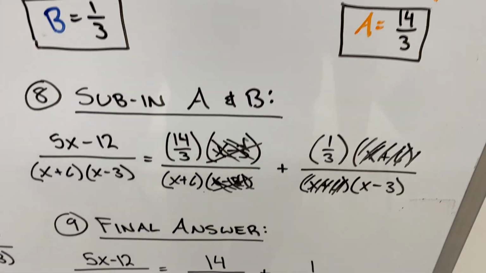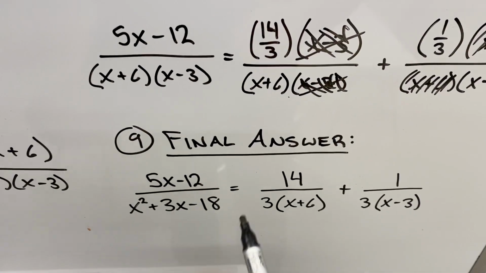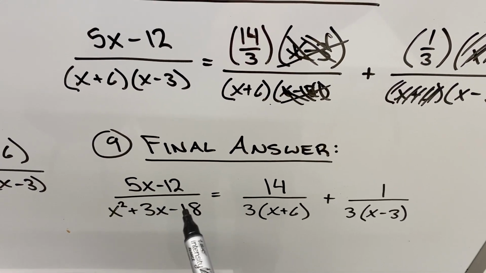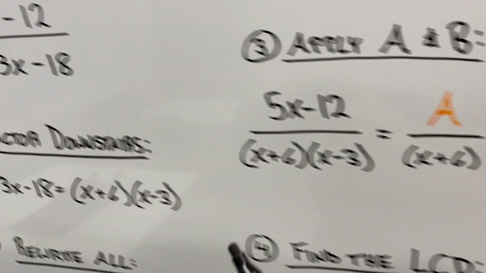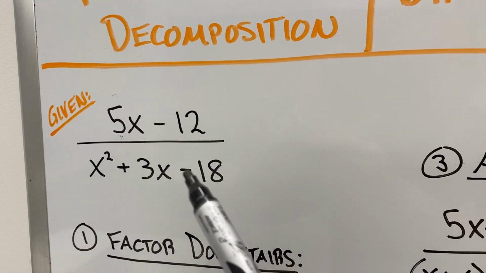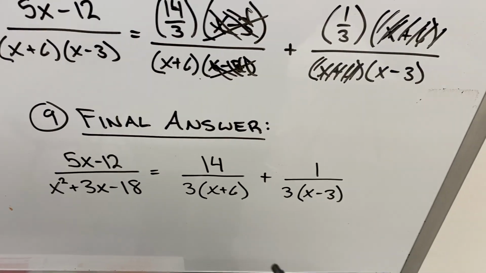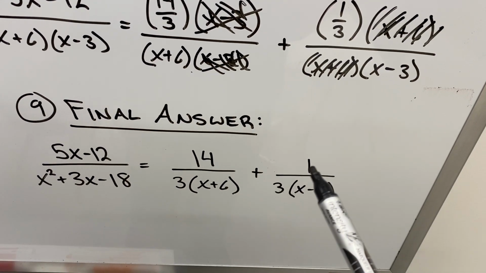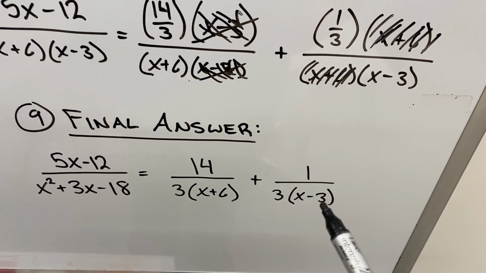Let's go ahead and write up our final answer. Final answer: 5x minus 12 divided by x squared plus 3x minus 18, which is the expression we were given, is equal to 14 over 3 times x plus 6 plus 1 over 3 times x minus 3.